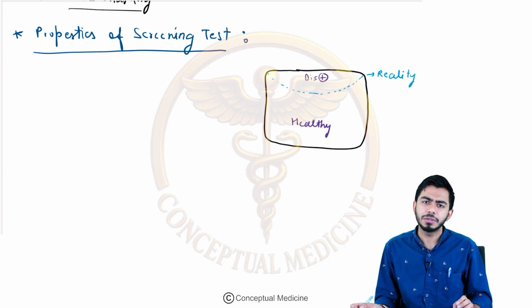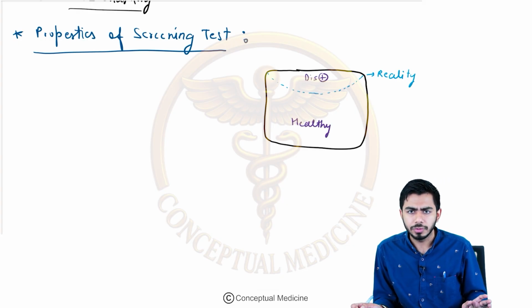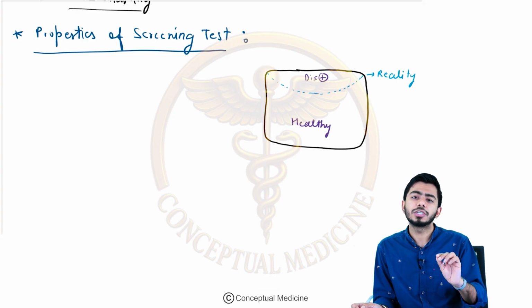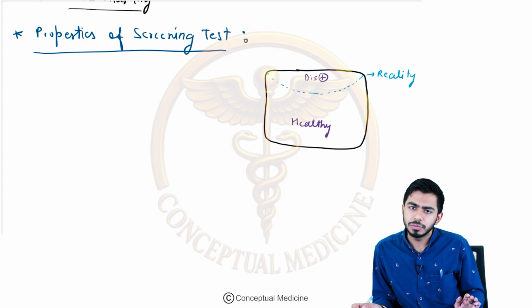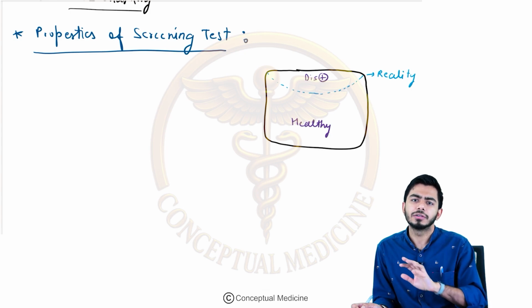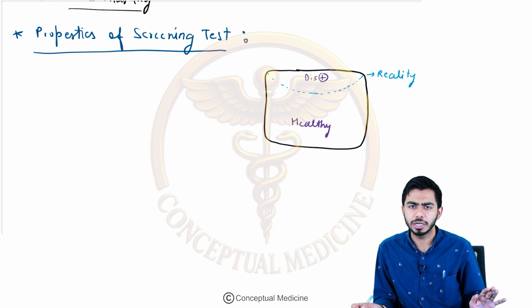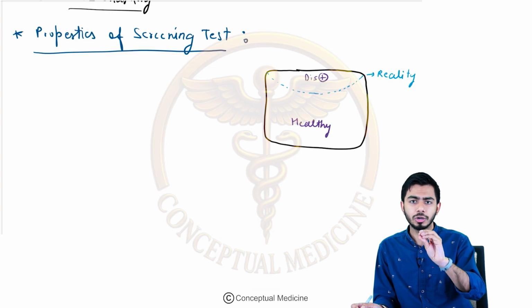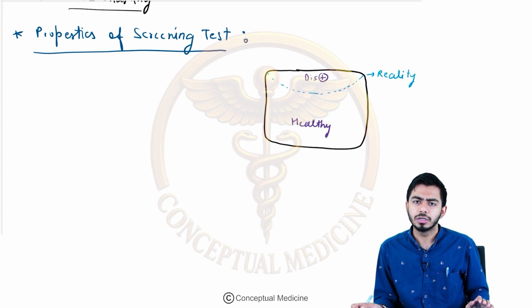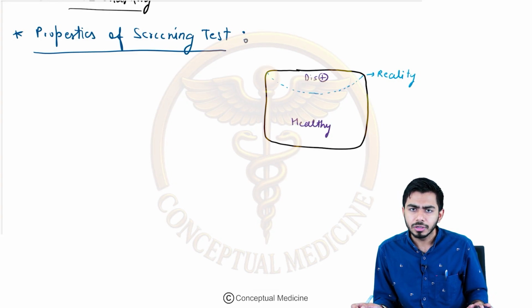If the RT-PCR test is coming positive, or if the RAT test is coming positive, does it mean 100% that you are COVID positive? It doesn't mean that. Or if the RAT test is saying negative, is it 100% true that you don't have the COVID, that you are COVID negative? No, it's not.